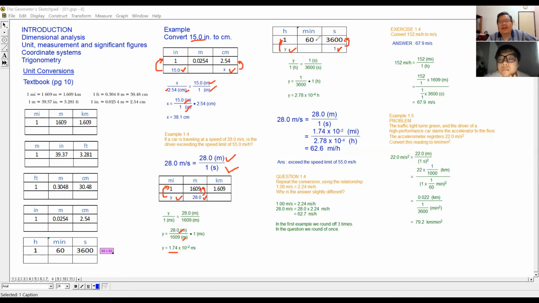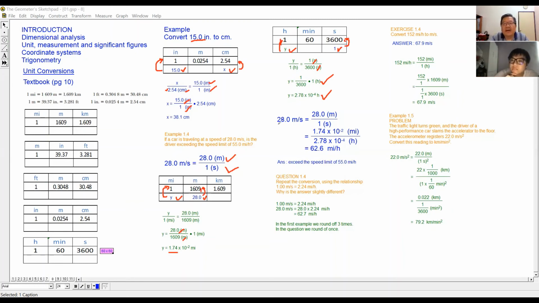I form this equation, then I can see that the second and second cancel off. When you move the 1 to the other side, it is in terms of hours. So 1 over 3600, rounded off to 3 significant figures, is 2.78 times 10 to the power of -4. So I convert them unit by unit, meter, then after that second.